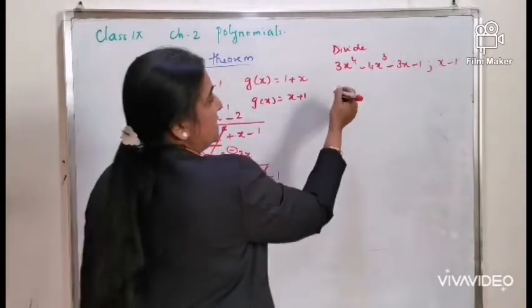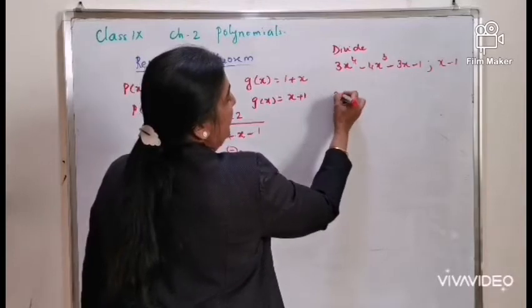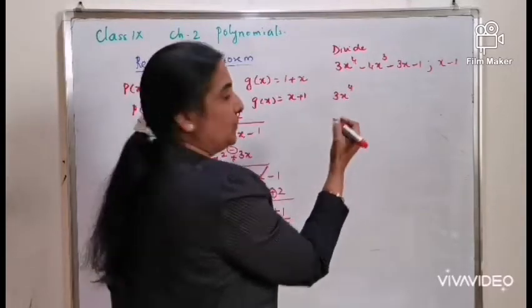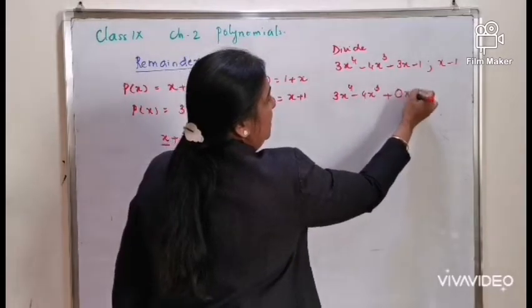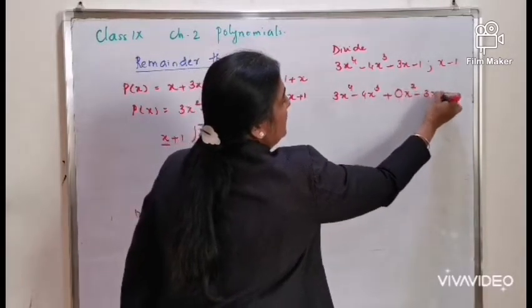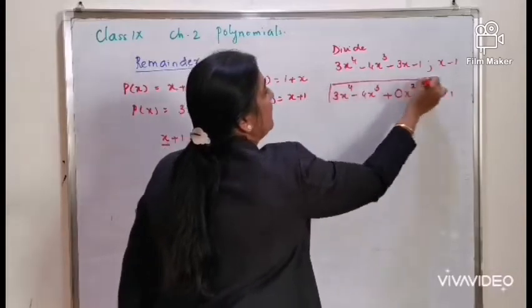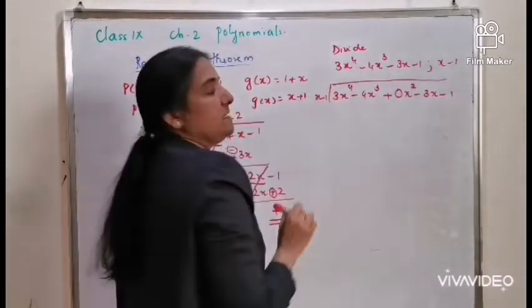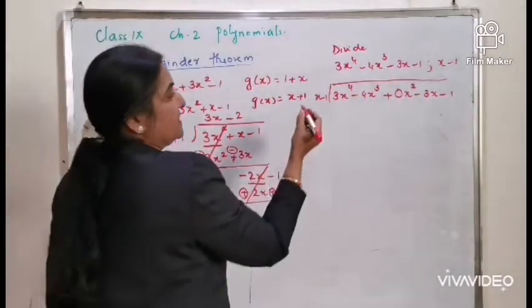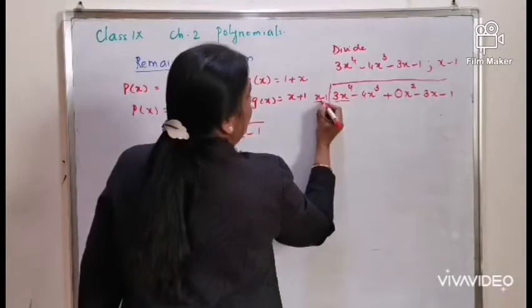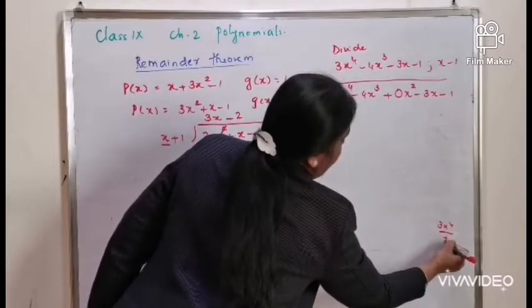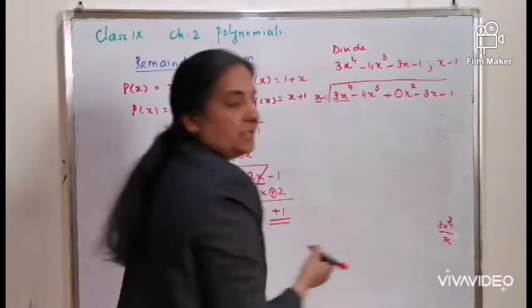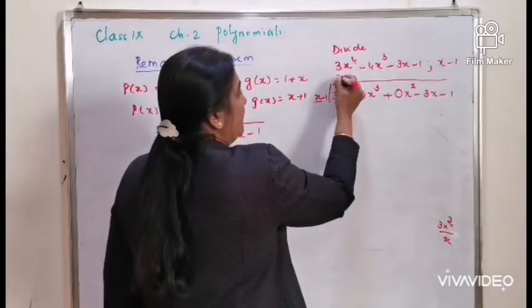What you can do is, while arranging the dividend, write 3x raised to 4 minus 4x cube plus 0x square minus 3x minus 1 divided by x minus 1. The first term, 3x raised to 4 by x, is giving you 3x cube.